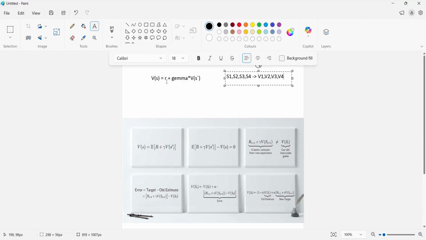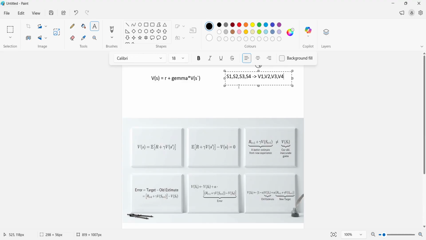So now we have the Bellman equation, and we know that we initialize the value of each state randomly. So we need to update the value of each state so that we can reach the actual value, because we are trying to find the optimal value for each of these states.